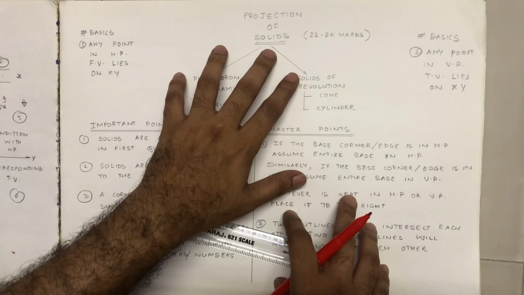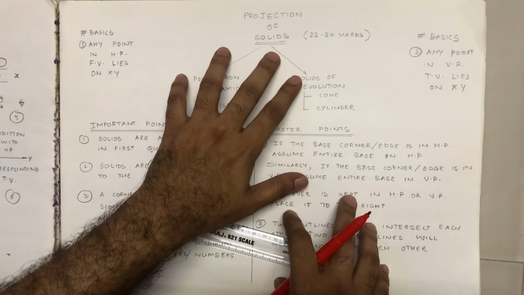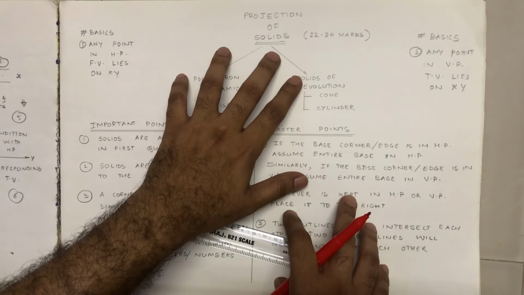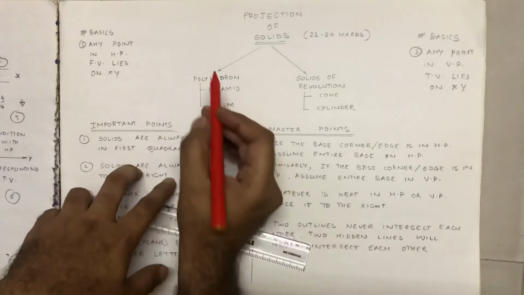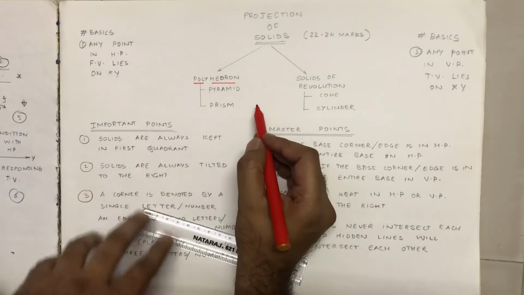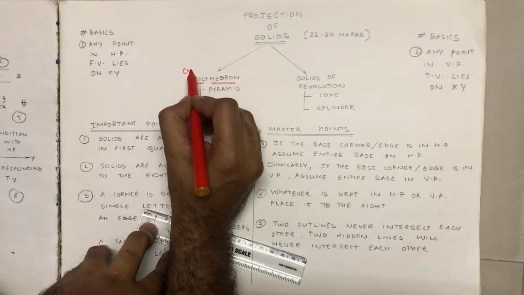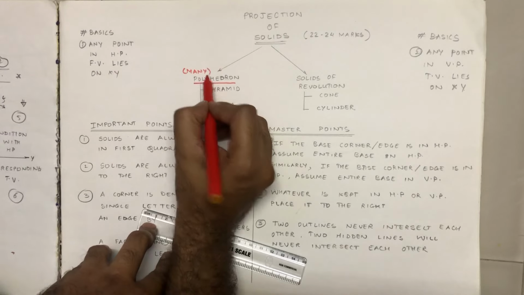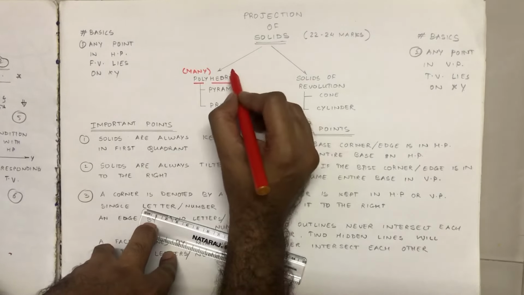Now, in this chapter, there are a total of 4 solids which can be categorized under 2 types. The first type is what we call polyhedron. Poly literally means many, and hedron literally means planes.